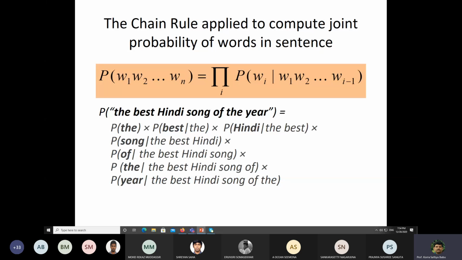So I hope you see how we apply the chain rule while computing the joint probability of the words in a sentence. Is it clear till now?